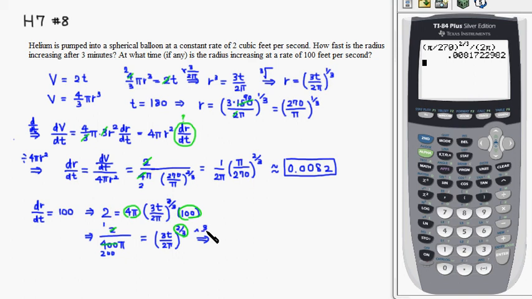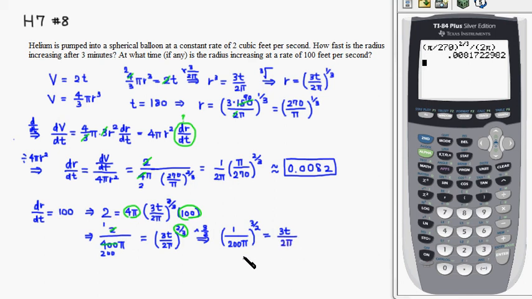What you get is 1 over 200 pi raised to the 3/2 power, and this is equal to 3t over 2 pi.